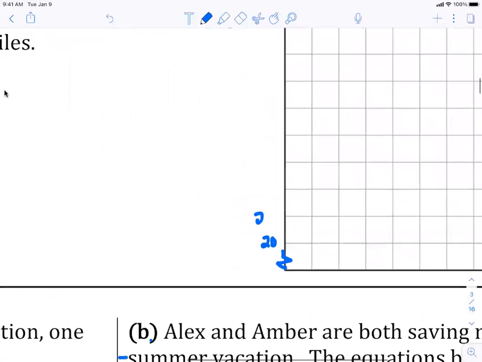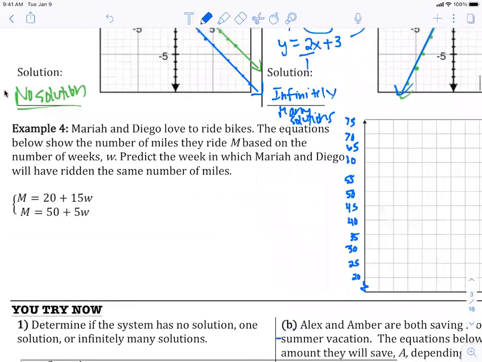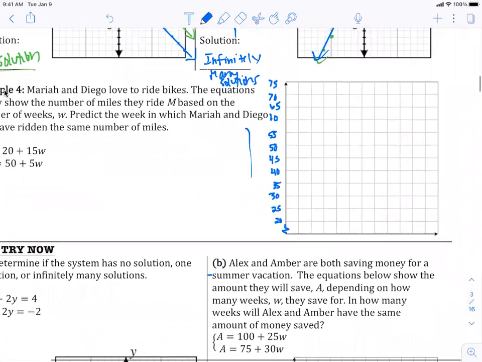So my next one's going to be at 25, 30, 35, 40, 45, 50, 55, 60, 65, 70. Okay, so obviously this side is going to represent the number of miles ridden, and down here, in terms of the number of weeks that they ride, we're just going to count by 1s.